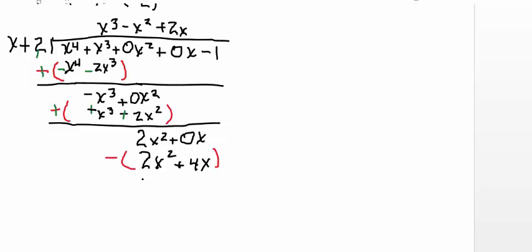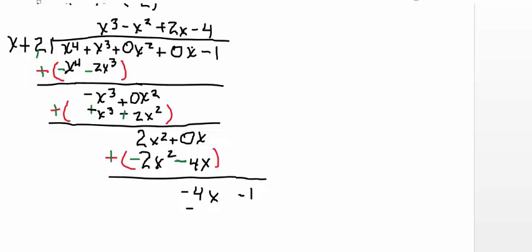And I want to subtract. Let's change that to an addition and change the signs of what I was subtracting to their opposites. So 0x plus negative 4x gives me negative 4x. And I bring down the minus 1.